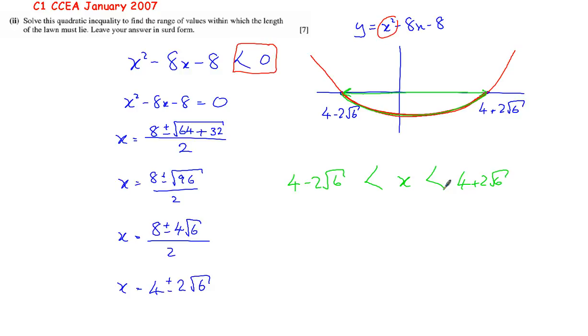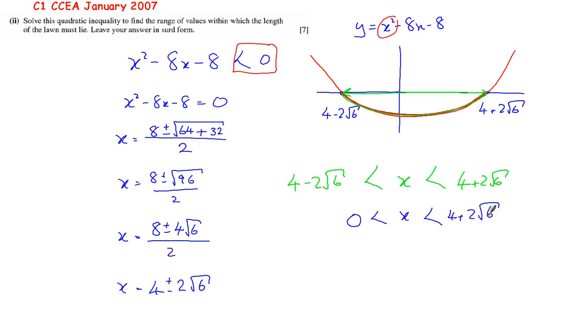But we do need to be slightly careful and use a wee bit of common sense here, because at the very start of the question, we're told that x is the width of a lawn. Now, if we're talking about measuring width, we can't have a negative width. And so we need to say that x starts at 0 and goes up to 4 plus 2 root 6.